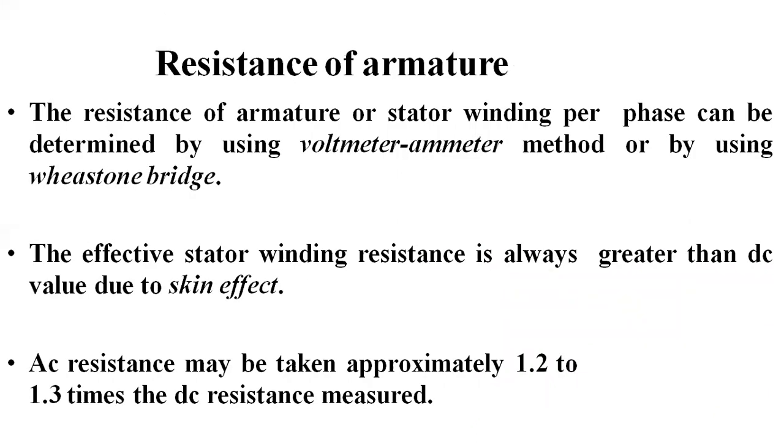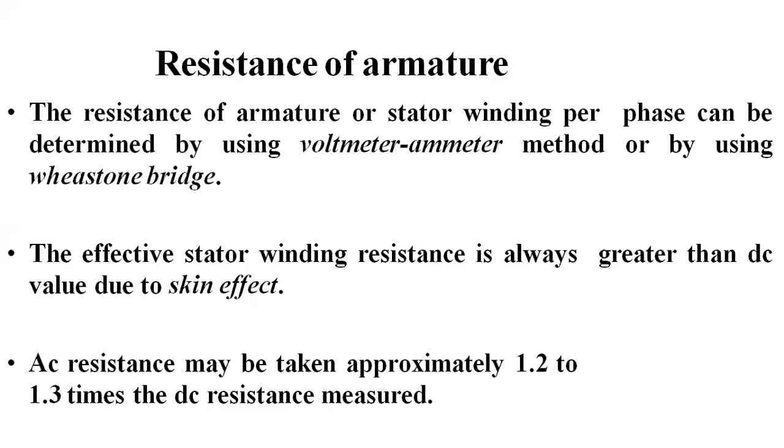So how to find the resistance of an alternator? It's a very simple way. The resistance of an armature or the stator winding per phase can be determined by using a voltmeter and ammeter method, or by using the Wheatstone bridge also. The effective stator winding resistance is always higher than the DC value because of the skin effect.